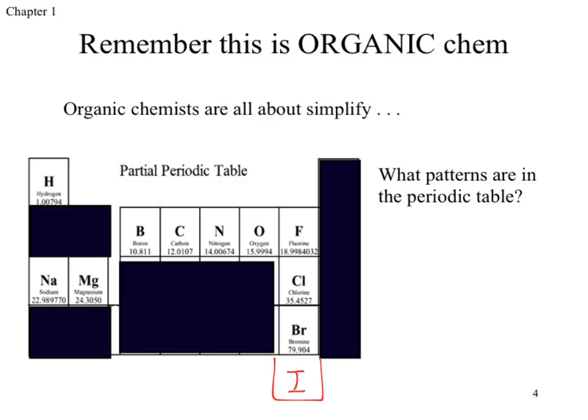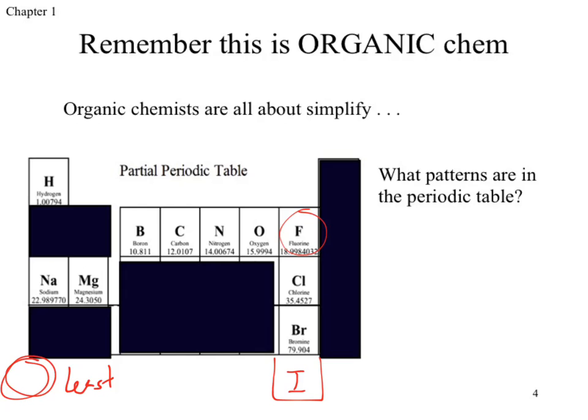Fluorine is our most electronegative, and our least, the opposite corner, is our least electronegative. So we want to have that general pattern memorized, because that's going to help us interpret a lot of how we do bonding and other things like that. So electronegativity is a big trend to watch for.